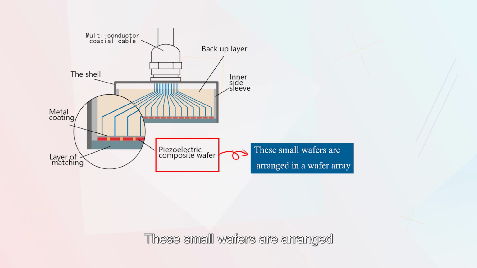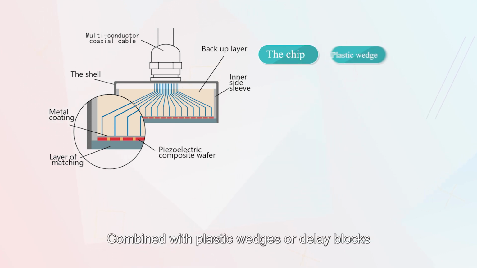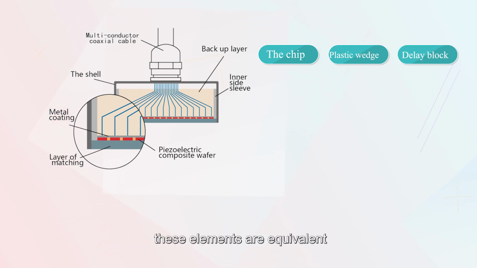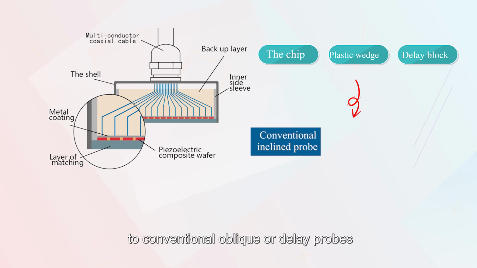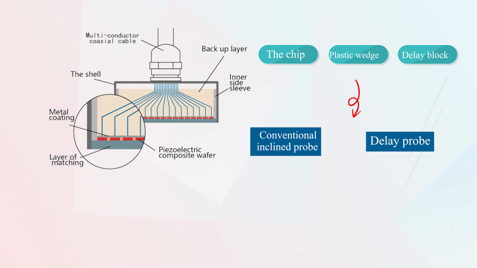These small wafers are arranged in a wafer array according to a certain rule, such as one-dimensional line, one-dimensional ring, two-dimensional rectangle, two-dimensional sector, etc. Combined with plastic wedges or delay blocks, these elements are equivalent to conventional oblique or delay probes.